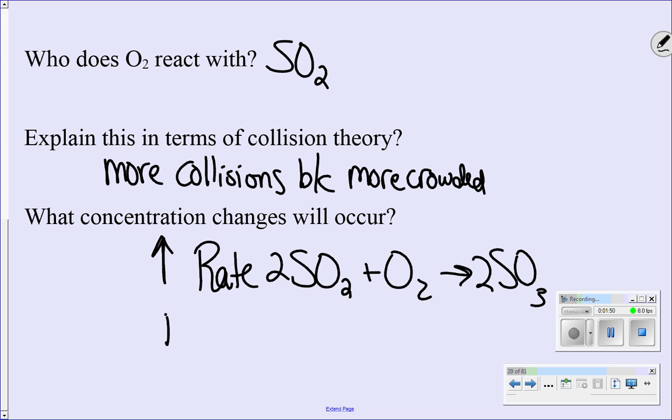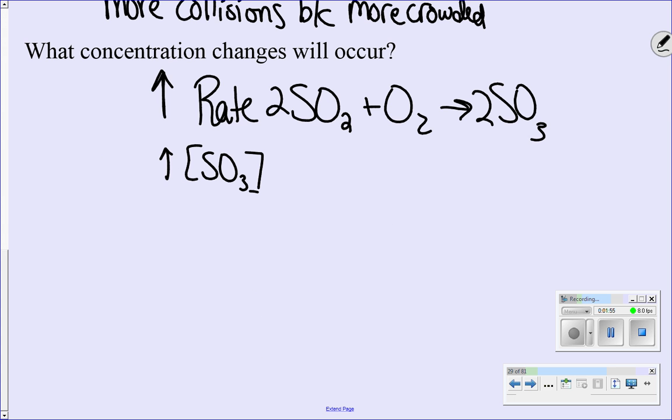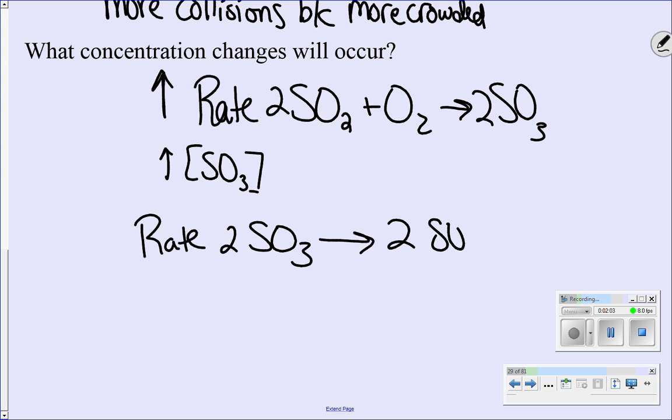So what ultimately will happen is I'll increase the concentration of SO3, but the rate of SO3 decomposing back down to SO2 and O2 is not initially affected. Now, over time, there's going to be an equaling out, but we're really focusing on what happens right when we add stuff. So if I add more O2, it's going to cause more collisions with SO2, therefore increasing the rate of this reaction and increasing the amount of SO3.